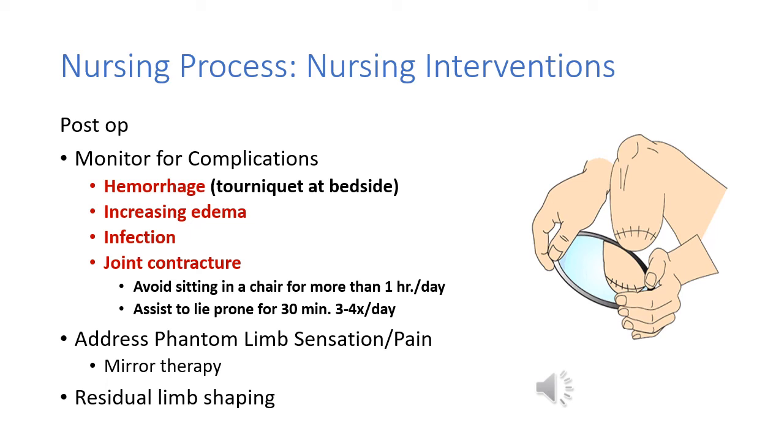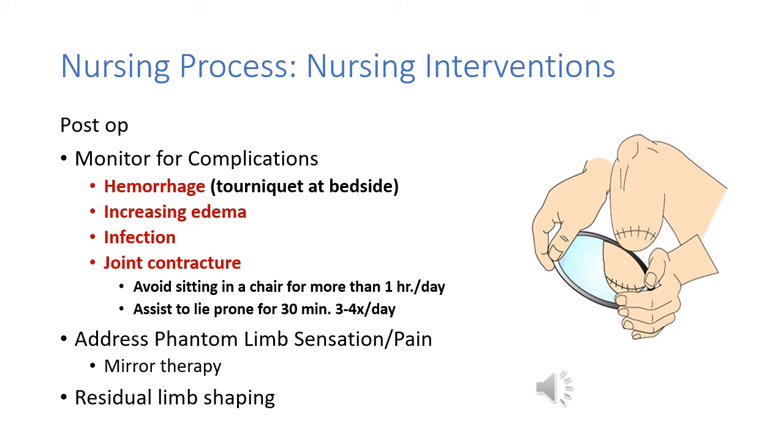So again, avoid sitting in a chair for more than an hour at a time, and assist these clients to lie on their stomach for about a half an hour 3 or 4 times a day, and that prevents flexion at the hip, and that's really important to good prosthetic use later on.